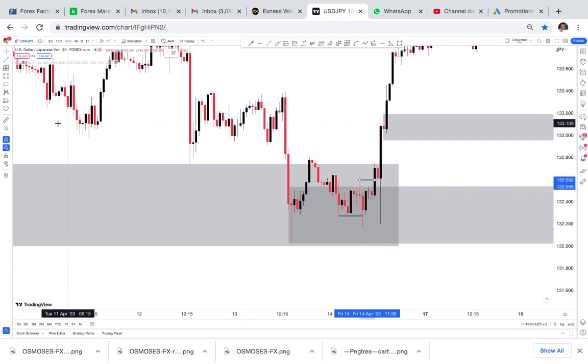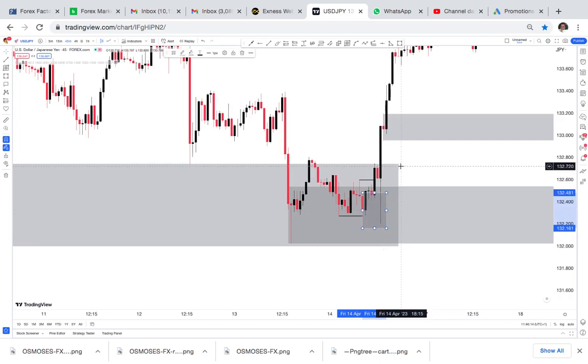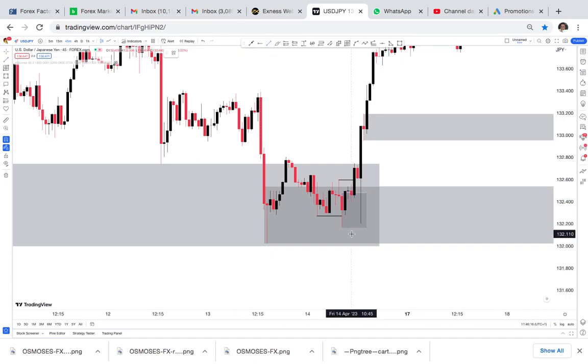So this demand has been mitigated here. This guy has been mitigated here through this one. So the next demand will be this guy here, because this guy also cleared this liquidity.